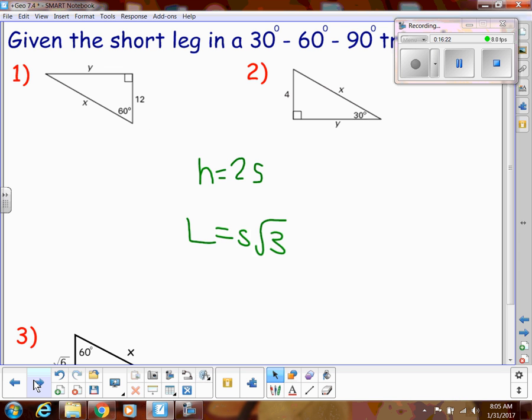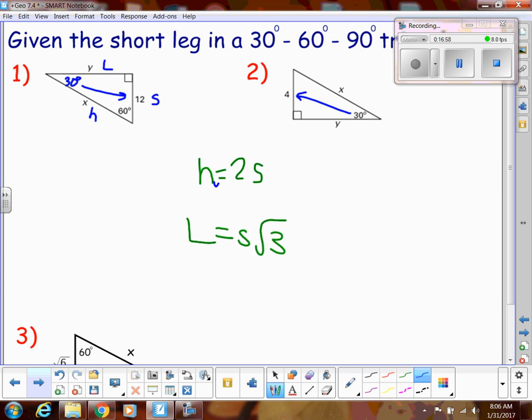So let's say in these problems, notice that we are given the side across from the 30-degree angle in all of these. All right, so if that's the case, then if you're okay with it, I'm going to call this the short side, S. I'm going to call the side across from the 60 L for long side, long leg, and then this will always be the hypotenuse, H. So if I'm given the short side and I'm trying to find H, then all I'm doing is doubling that.